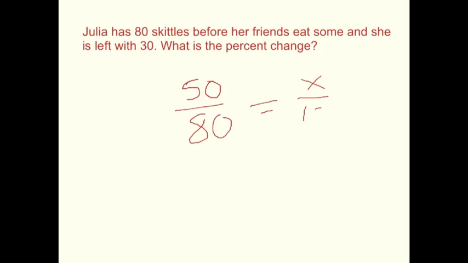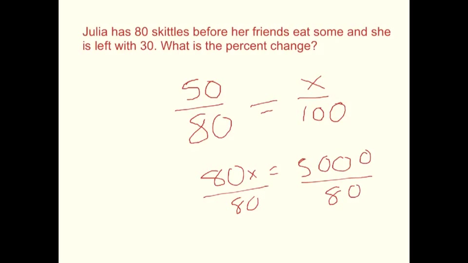And to find percent of change, we do x over 100 because percent of change is finding a percent based on the amount that an amount changed by. And when we do our cross multiplication and our division, we end up getting that x would be 62.5%. So Julia's amount of Skittles changed by 62.5%.